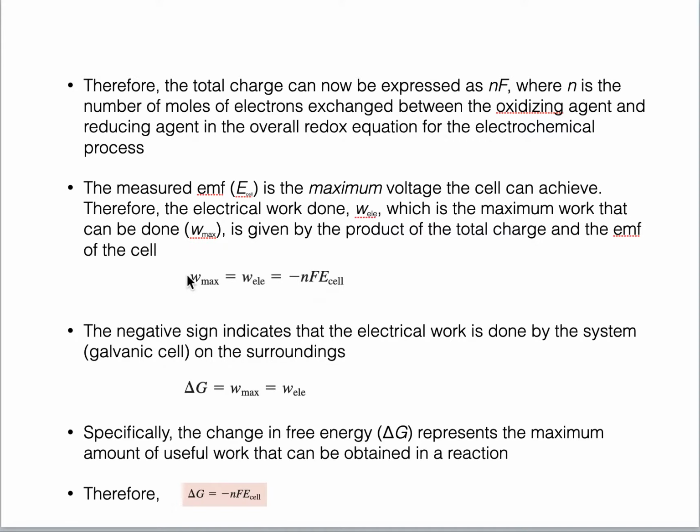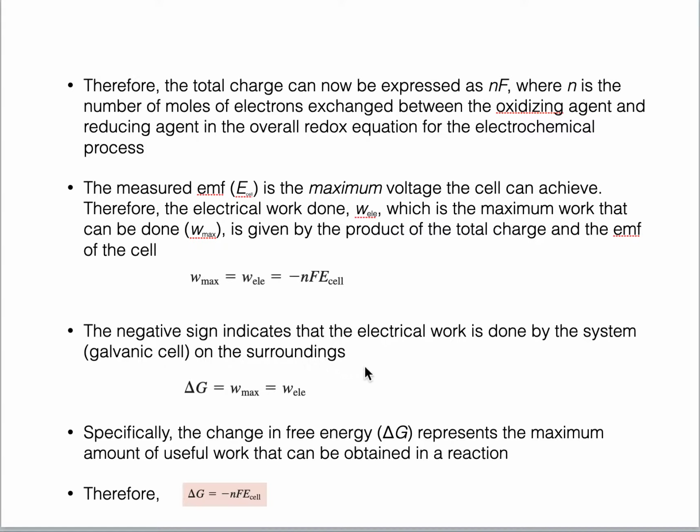And we can calculate the electrical energy, which is equal to the maximum work done, given as charge, which is nF, multiplied by voltage, which is E cell, that is minus nFE. This is the maximum amount of work done in an electrochemical process. We use the negative sign here because the work is being done by the system on the surroundings.